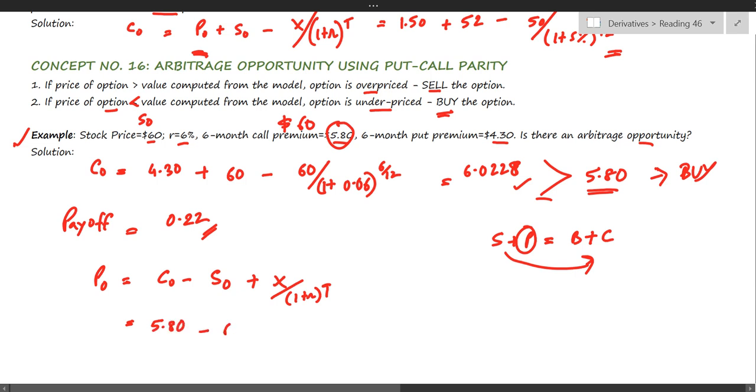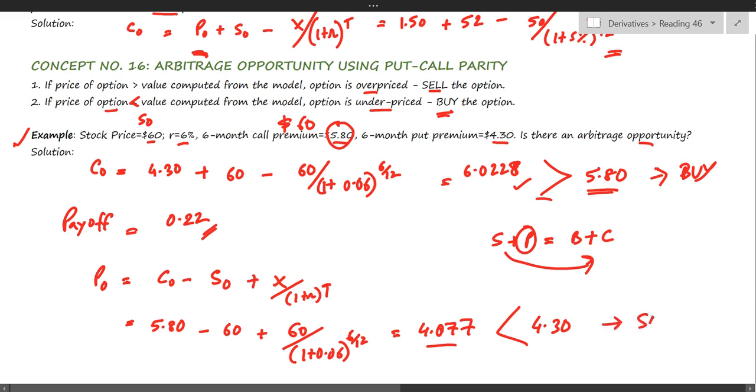The value of spot is 60. Then 60 divided by (1 plus 6%) to the power 6 by 12. And this gives a value of 4.077. So this should be the value of the put option. However, it is currently trading in the market at 4.30. This means that the put option is currently expensive and hence we should sell the put option in the market.